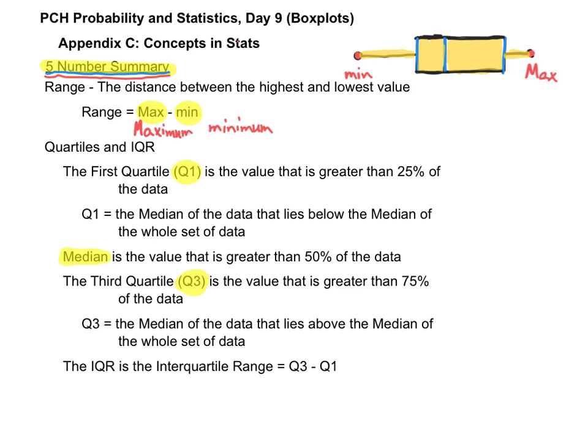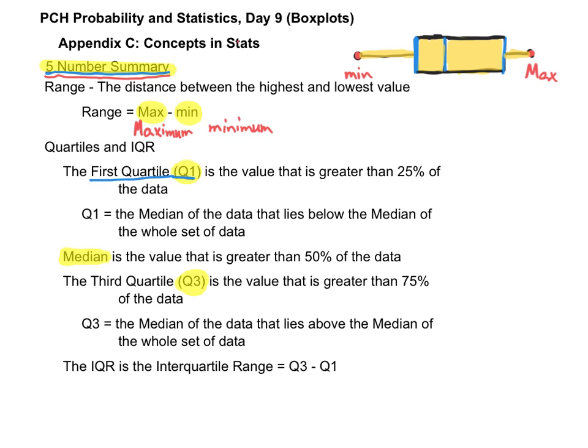The first quartile we refer to as Q1. You'll notice it says it's greater than 25% of the data. How many of you have ever heard of the concept of the percentile? If you're, say, in the 90th percentile, that means you performed better than 90% of everybody else who did that particular thing.